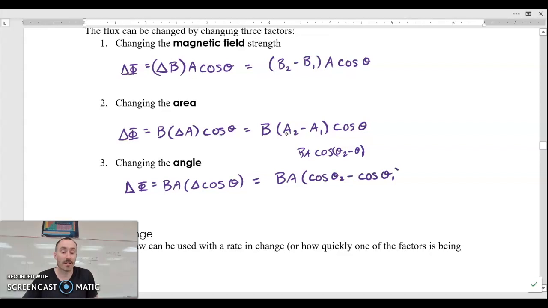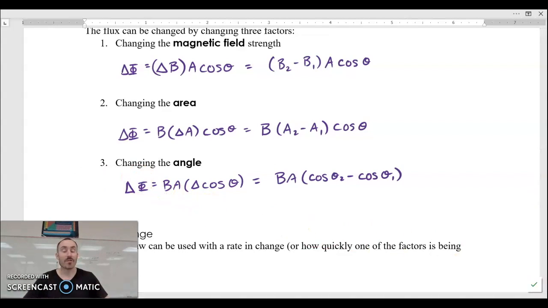Okay, it's subtracting the cosines, not subtracting the angles inside the cosine. Okay, if you try them both, you'll get two different answers. And the one that we want is this one. Okay, so now inside our Faraday's law formula, the flux in the situation we're talking about is going to be changing in one of these three ways. And so we're going to have to insert this piece of formula into our Faraday's law formula.